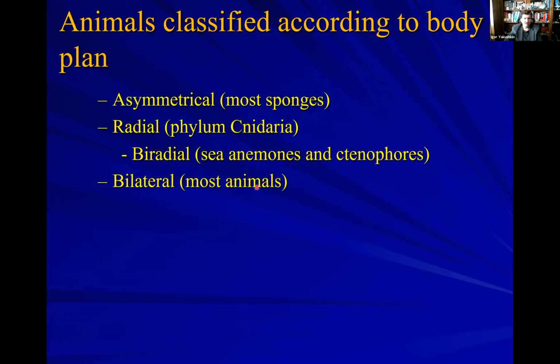And then most of the animals are bilateral. The right side and left side are more or less identical. Why am I saying more or less identical? It's not exactly the same, but very close to that. If you start digging deeper, like you split a person in half, don't do that. But for example, the left lung is smaller than the right lung.